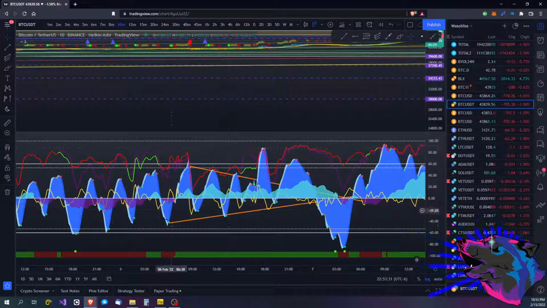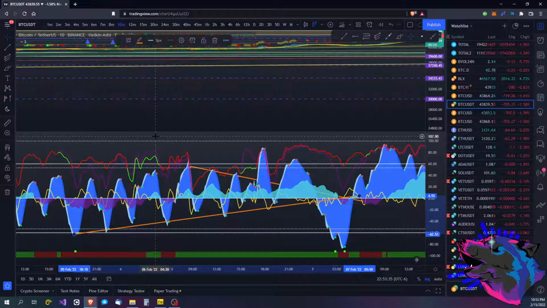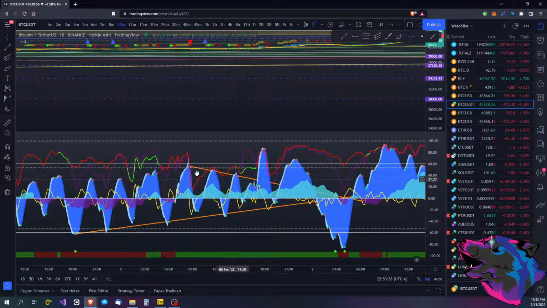Now, typically, with patterns like that, let me pull this thing all the way back to there even. With patterns like this, they say the breakout generally happens around three-quarters of the way to the end, so from about 75% to 90% oftentimes.